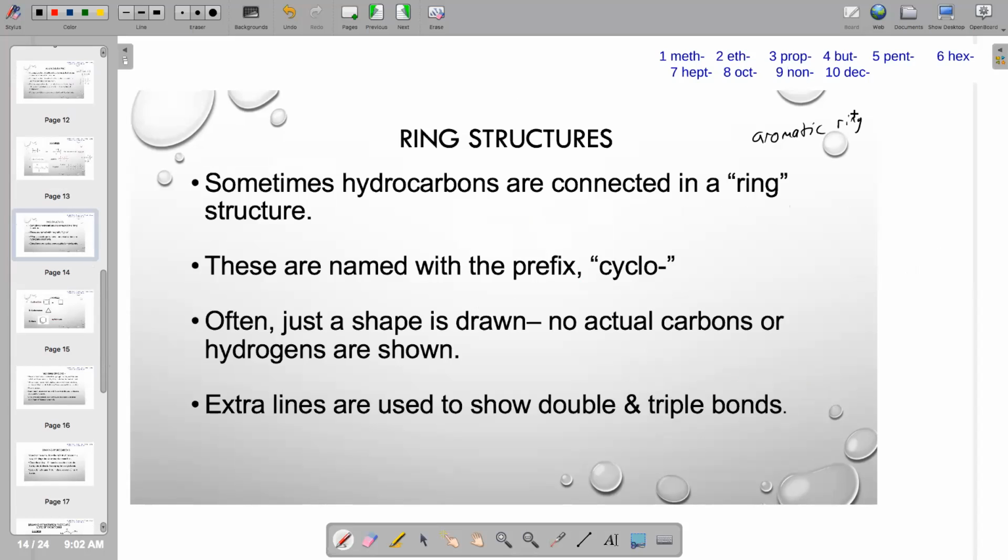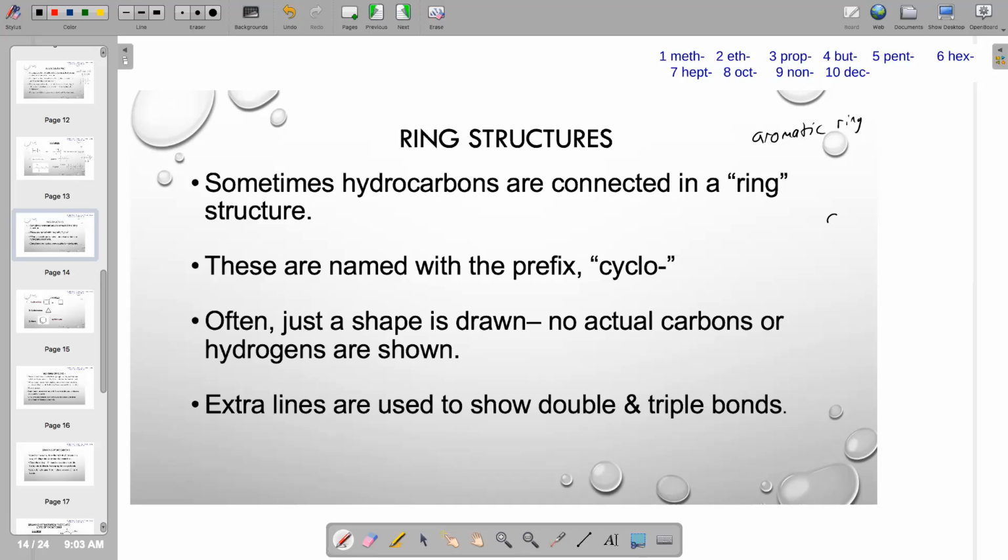And it turns out that many times ringed carbons do have an odor, and many things that are odoriferous or aromatic have aromatic carbons. But it's not always true that things that are cyclical or have rings always have an odor, but they're also called aromatic rings. Carbons can form into rings.